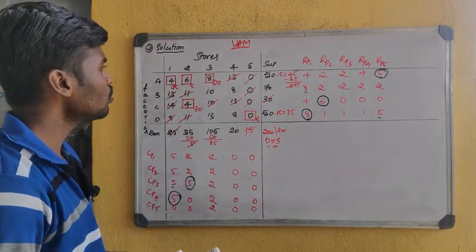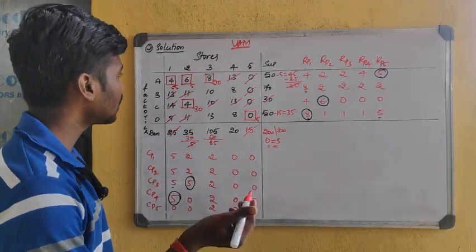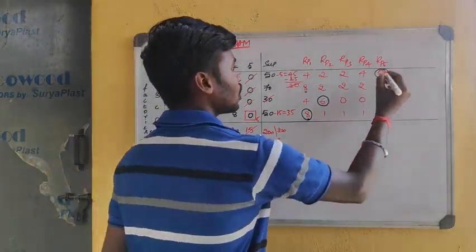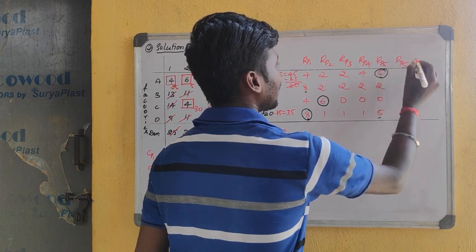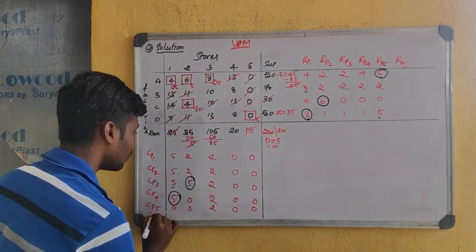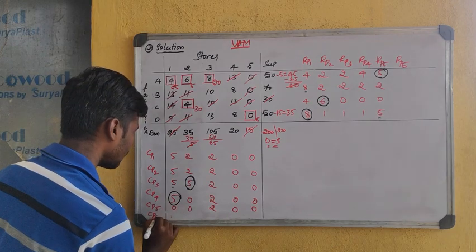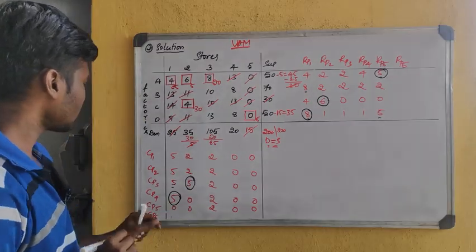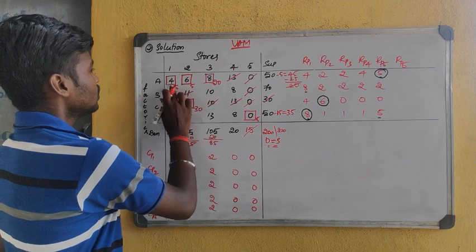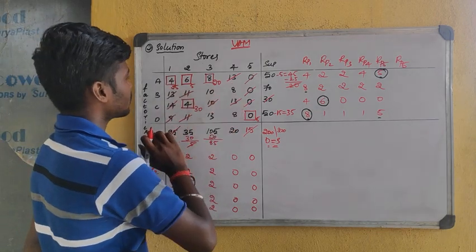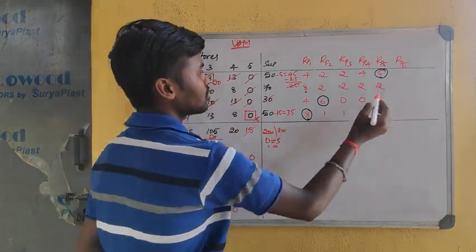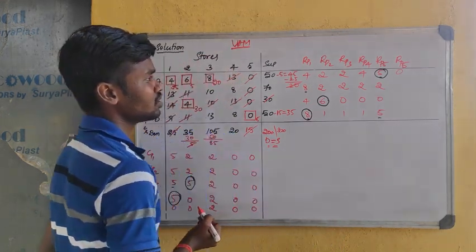Okay, now what is the next step? Yes, again you are going to calculate the row penalty 6 and column penalty 6. Okay, see, in this first row there is no first least number and second least number, hence your row penalty 6 is 0.